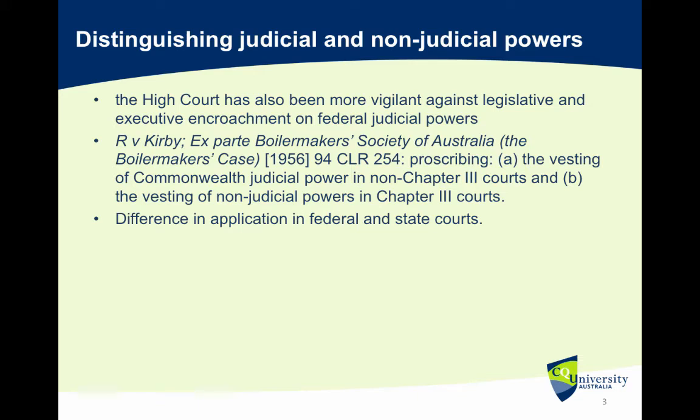It's also possible that in creating a body or tribunal that seems to act judicially, because that agency or body or tribunal forms part of the executive, it therefore is not fully insulated from political pressure or political influence.